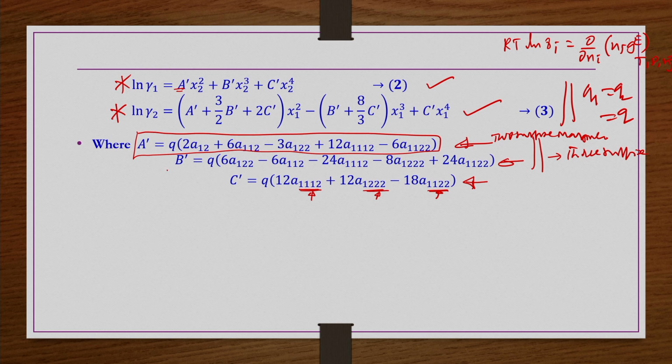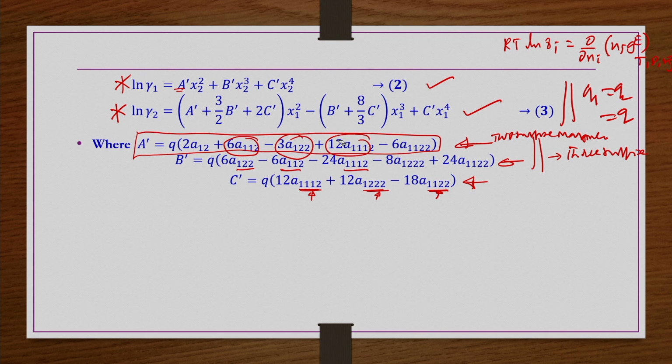When you say including only A prime, the 2 suffix Margules equation, these terms will also disappear, because the 2 suffix Margules equation takes interaction only between 2 molecules. In the 3 suffix Margules equation, the interaction between 3 molecules will also come into the picture.